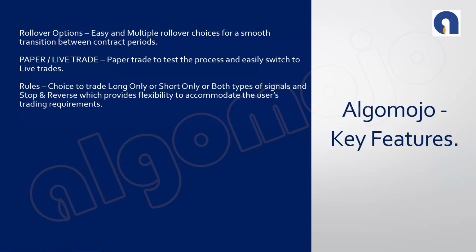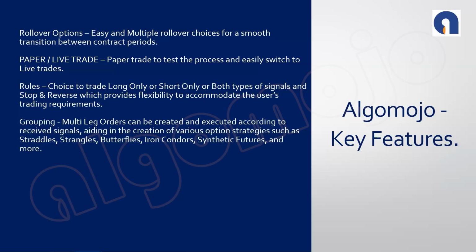So it's important to understand these rules and select the rule which suits your strategy. We will touch upon the rules when we get into the actual automation process using TradingView. I'll give you some examples and show you how to select what kind of rule based on the strategy.